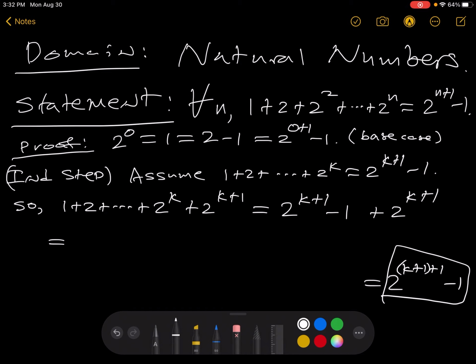So we have 2 to the k plus 1s, right? Think about if you had x plus x, you would say that was 2x, right? So now the x is like this. This is like our x. So there's 2 to the k plus 1s, so we're combining like terms, 2 to the k plus 1 minus 1.